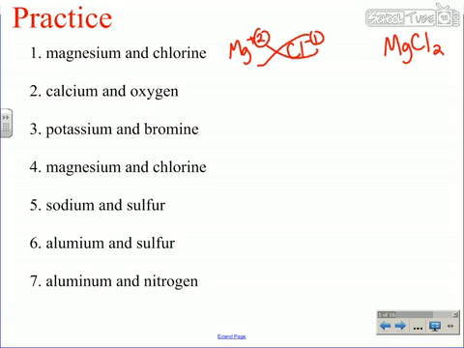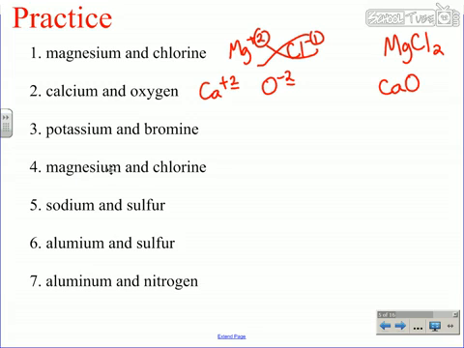Calcium is in group 2, so it's going to have plus 2, oxygen minus 2. The charges are the same, so do we need to crisscross? No, so it's CaO. That's the formula.